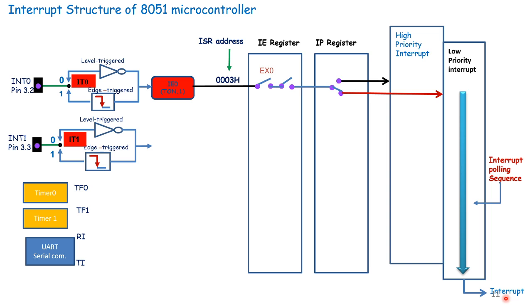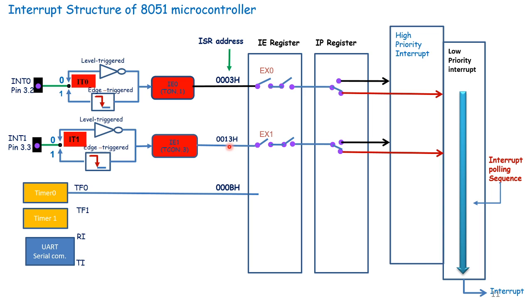When INT1 occurs, this is the second interrupt, with external interrupt vector address 0013. So these things will happen, and then this interrupt gets enabled and interrupts the microcontroller. Now there is the timer interrupt TF0 with hexadecimal vector address 000B, and then this is executed.